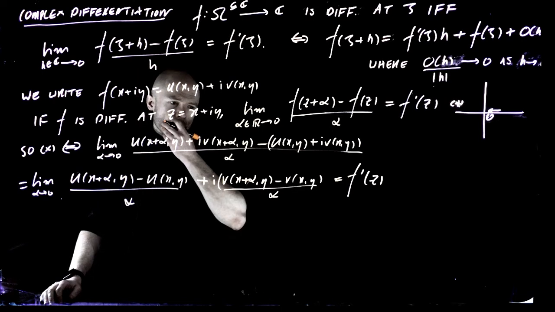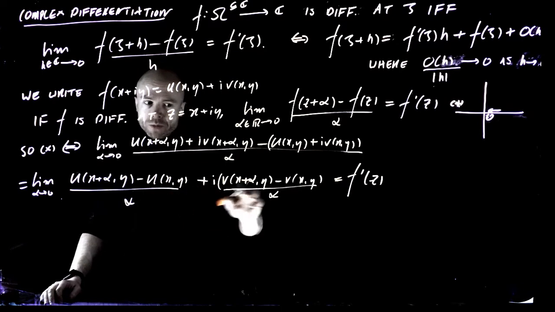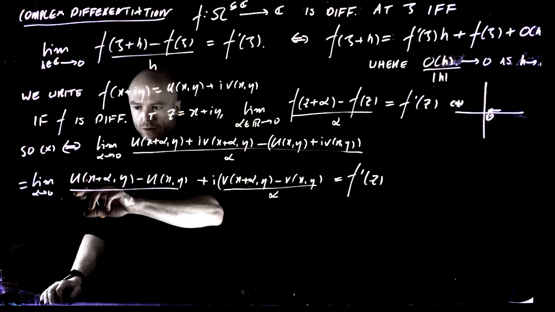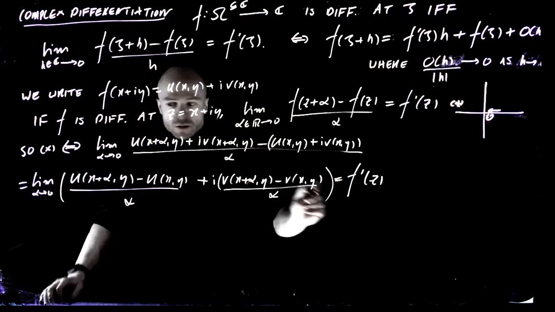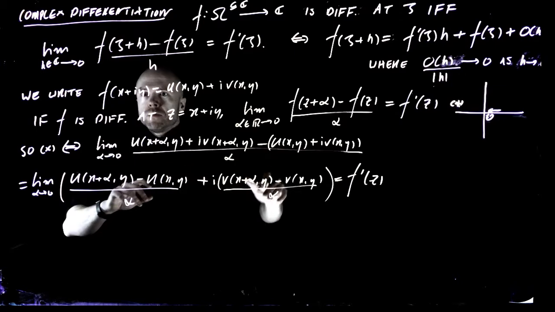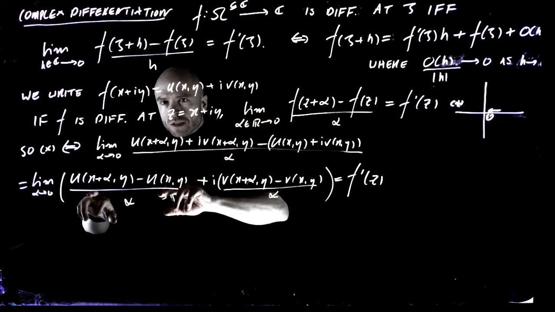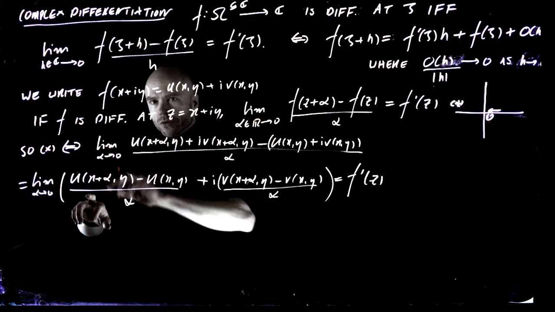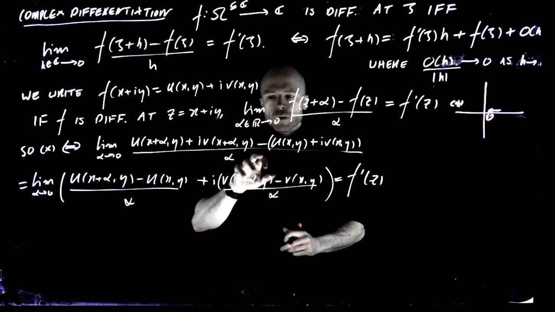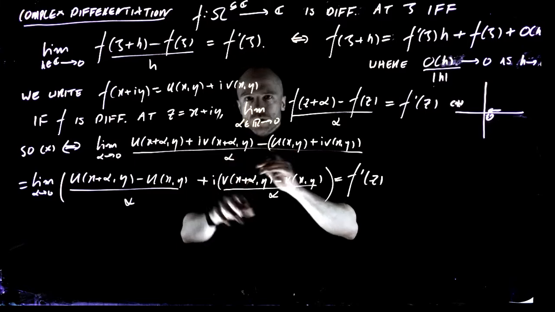Yeah? Okay, so both of these limits exist, so we can write this entire limit of the sum as the sum of the limits, and the limit of this thing as alpha goes to 0 will just be the partial derivative of u with respect to x, and this guy will be the partial derivative of v with respect to x.